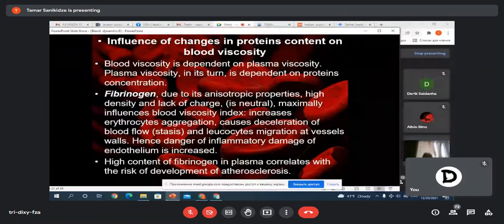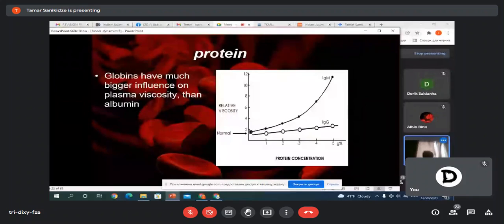It is a blood plasma protein, which is anisotropic and very actively participates in the regulation of blood viscosity. With increase of the fibrinogen content, blood viscosity will be importantly increased. The albumin, as I know, has no impact on the regulation of blood viscosity.